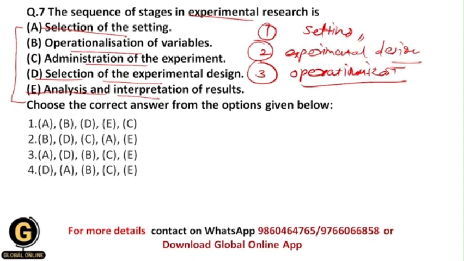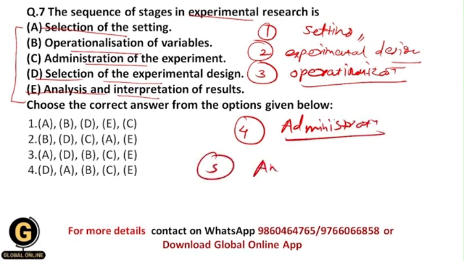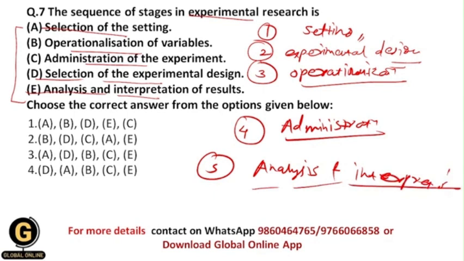And the fourth one is administration of the experiment, which is nothing but doing the whole experiment. And the fifth one is analysis and interpretation of results. This should be your last stage. You are going to analyze the data you have got, and after that you are going to interpret that data and finally conclude your research.